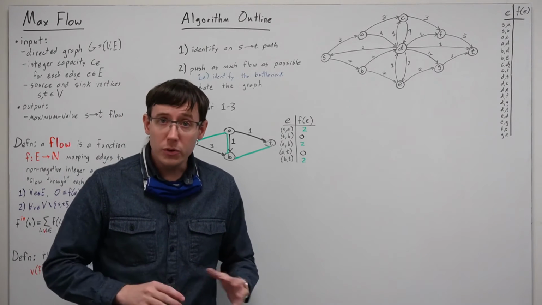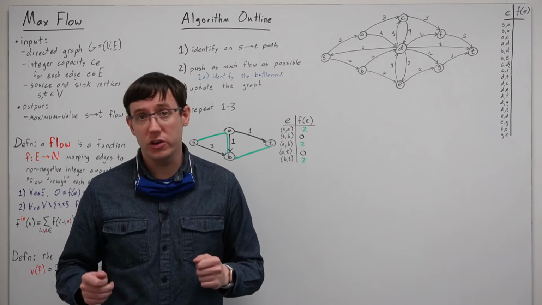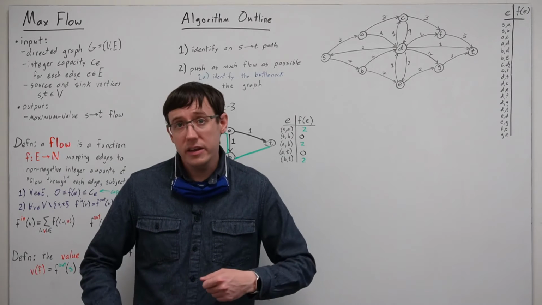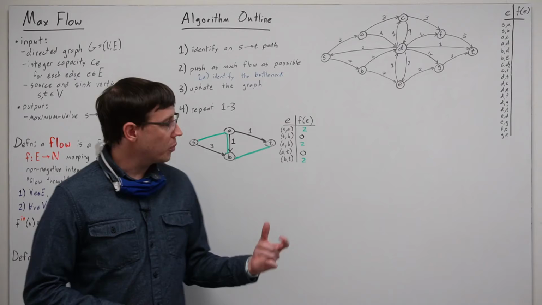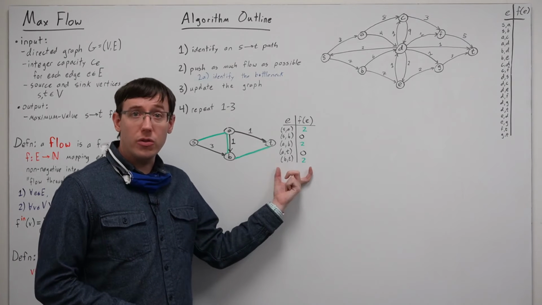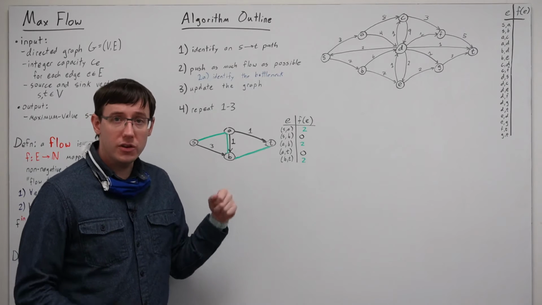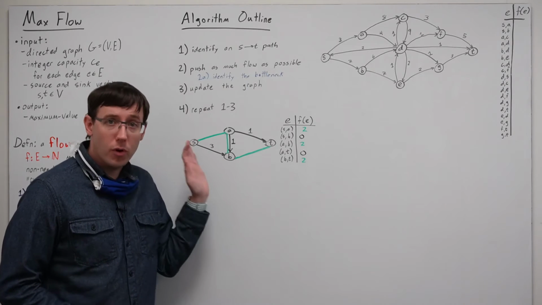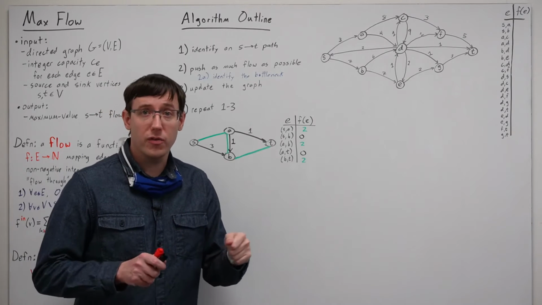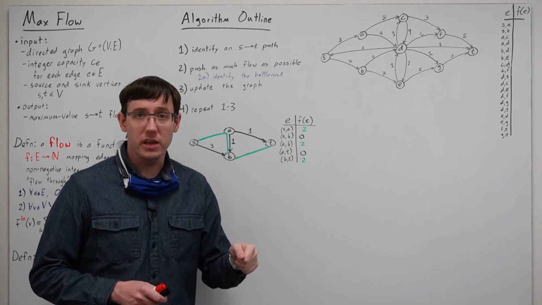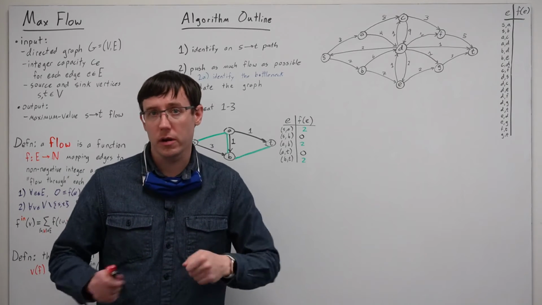And the way we'll do that is by keeping track of a residual graph. The idea of the residual graph is that we want to incorporate information about the flow into our graph data structure in such a way that when we look for paths, we can identify as part of the path potentially undoing bad flow decisions that we made earlier.